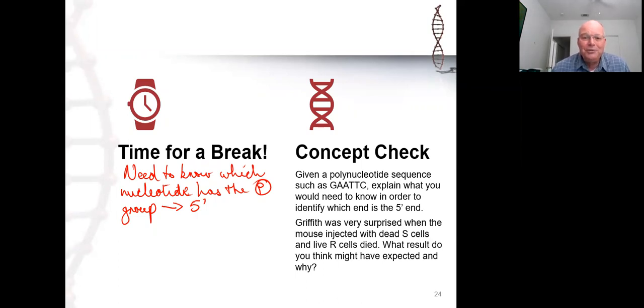And it was the presence of the living S cells that told him why the mouse died. But it was trying to figure out where those living S cells came from that was the huge insight that Griffith had as part of the explanation of his experiment. So those are the answers to these two concept check questions.